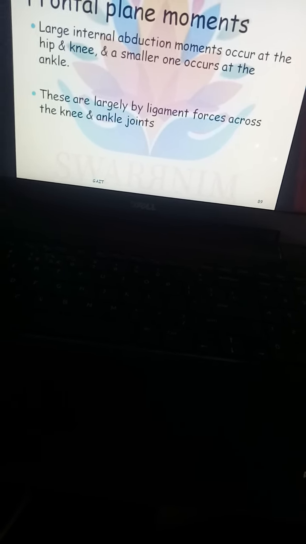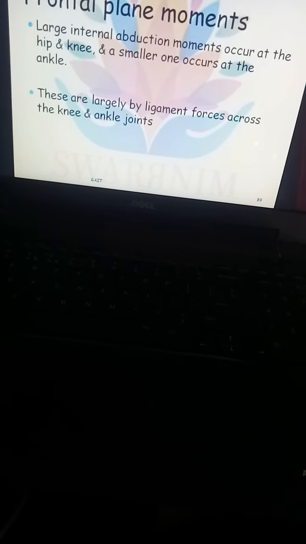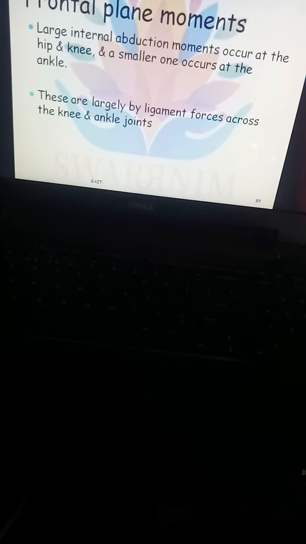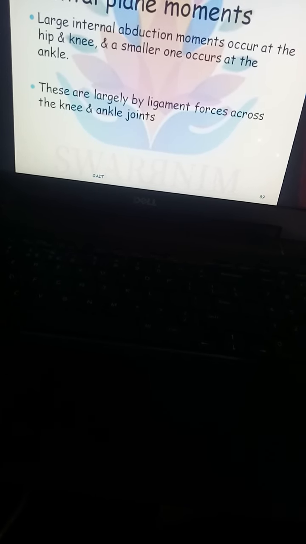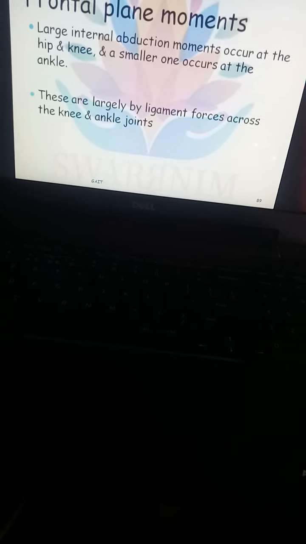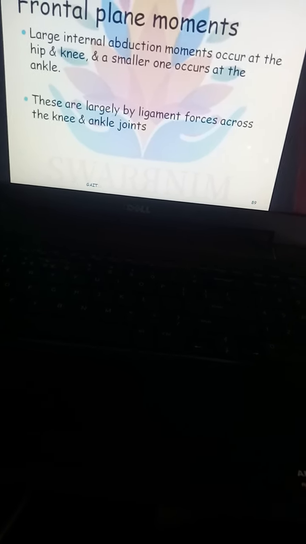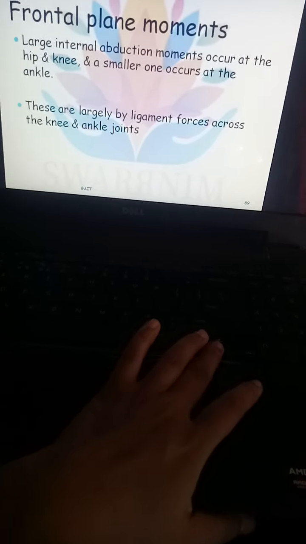Now this is largely due to ligament forces across the knee and ankle joint. So mainly the ligament forces provide the force at the knee and ankle joint.